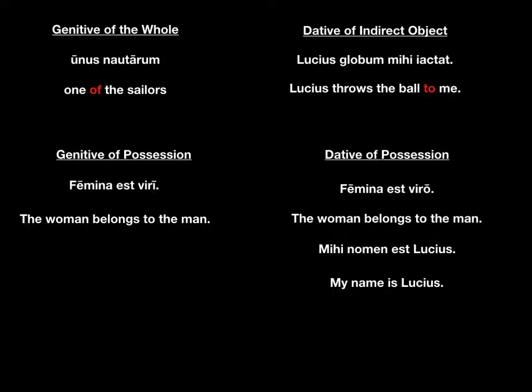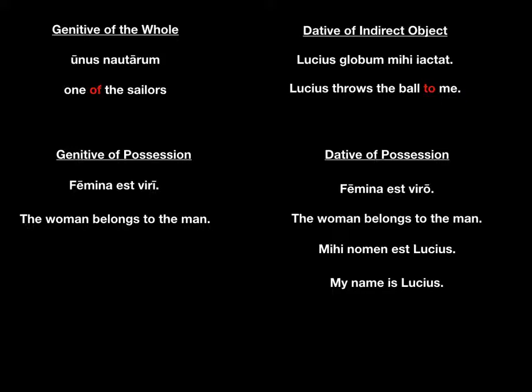You may be looking at a simple dative as an indirect object, like when I say, "Lucius globum mihi iactat." Lucius throws the ball to me. You don't really need to know that the personal pronoun mihi is in the dative because it's the indirect object.